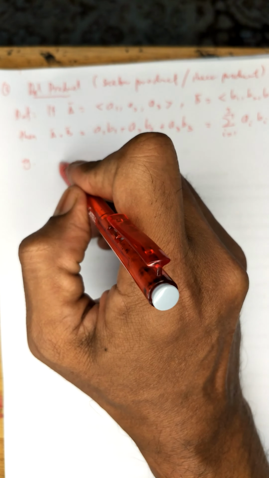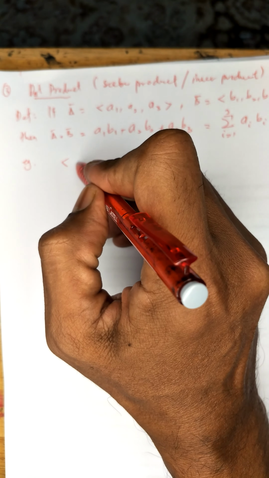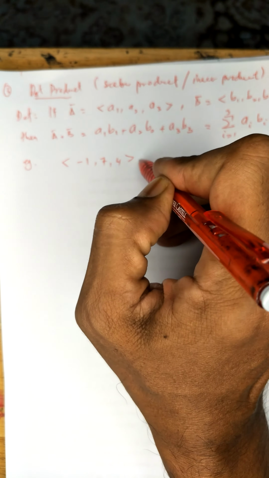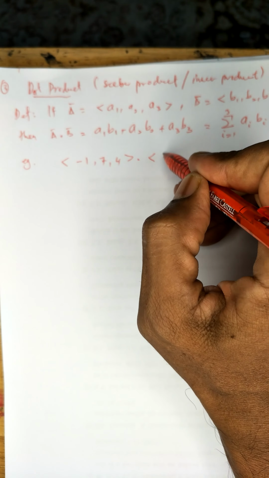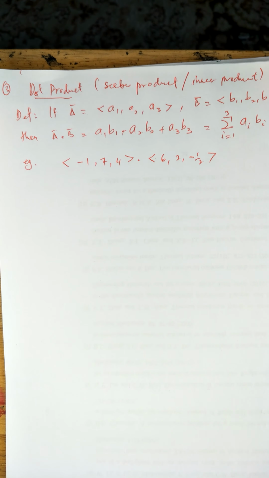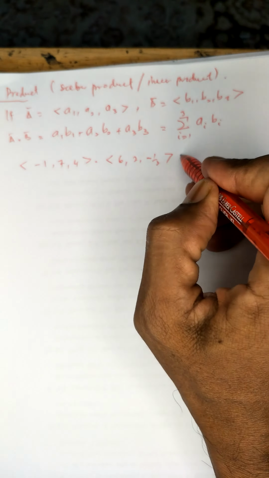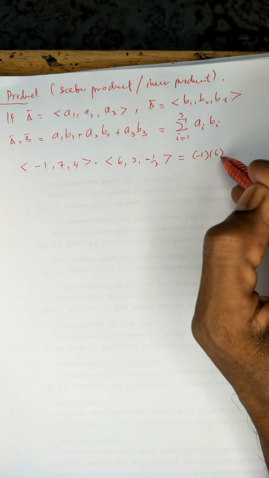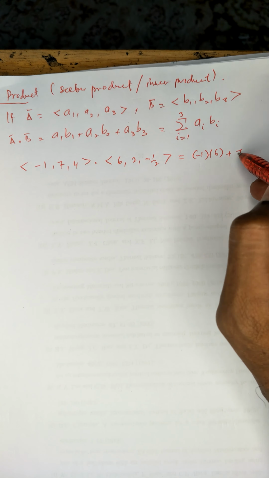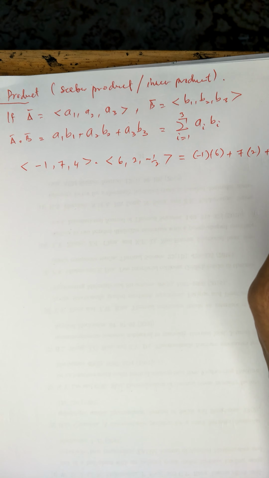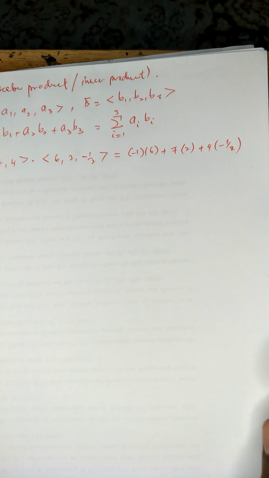For example, again the example is pretty simple. If we dot the two vectors (-1, 7, 4) and (6, 2, -1/2), you have here -1 times 6 plus 7 times 2 plus 4 times -1/2.